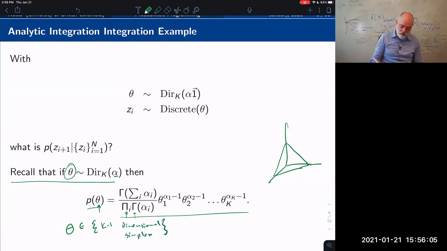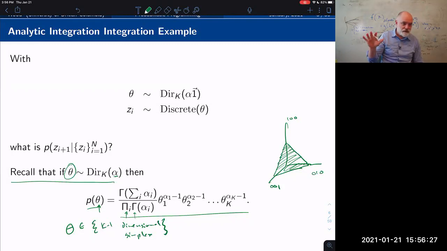It will do in 3 dimensions: if we have basis vectors of this, this, and this, the simplex is this surface right here. This is the set of all vectors whose elements sum to 1.